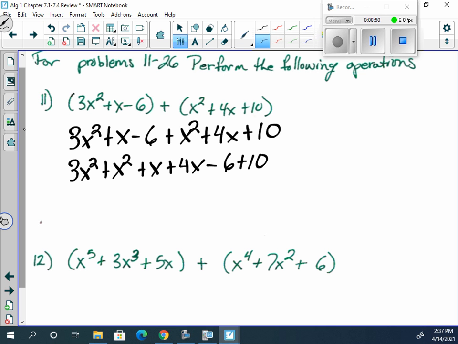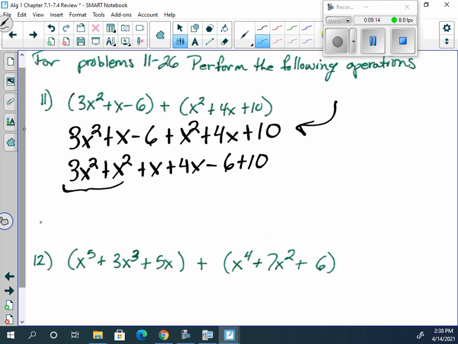You don't have to do this. If you can see from this equation here that 3x squared plus x squared is the same as this here. What I did is I put plus 10 minus 6, but that's the thing. Negative 6 plus 10 is the same as 10 minus 6, yes.